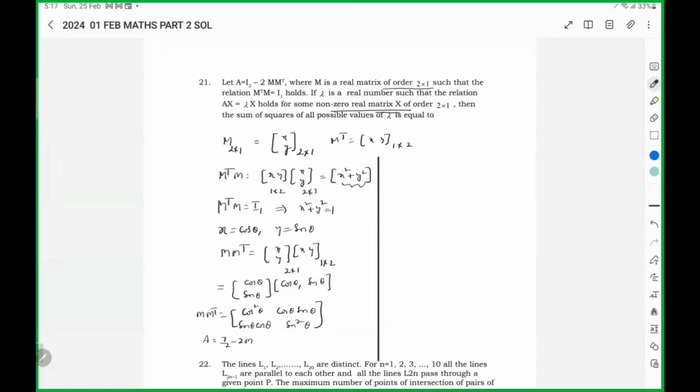I2 minus 2 mm transpose: 1001 minus 2 cos square theta, 2 cos theta sin theta, which is sin 2 theta. So here you have Ax minus lambda x equals 0, A minus lambda I of x is 0 has a solution if that determinant is 0.